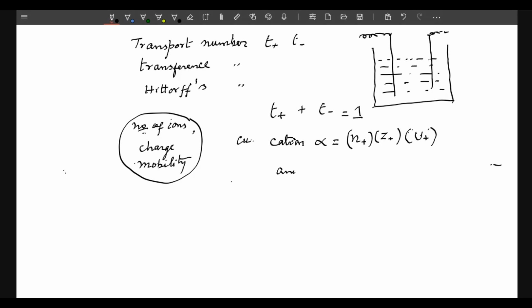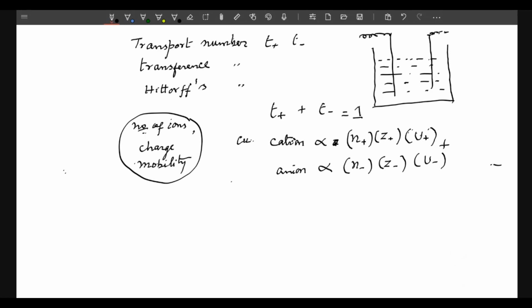Similarly, the current carried by the anion is directly proportional to the number of anions present in the molecule, N minus, the charge carried by each anion, Z minus, and its ionic mobility, U minus. When you add these two, it equals the sum of the current carried.